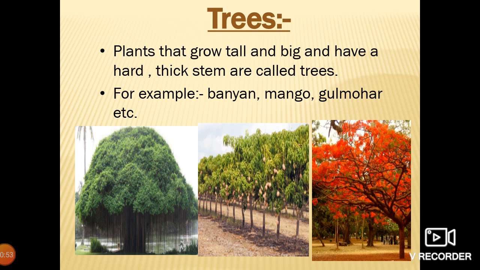As you all can see in this image, there are examples of trees. Tall, big and strong plants are called trees. They have many branches and leaves. Trees stand erect because of a thick, woody and strong stem. The stem of a tree is called a trunk.